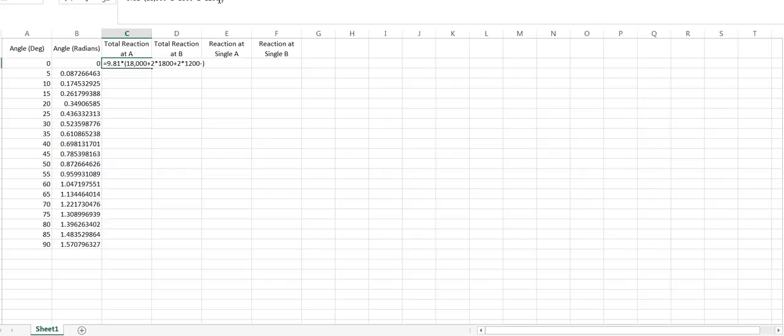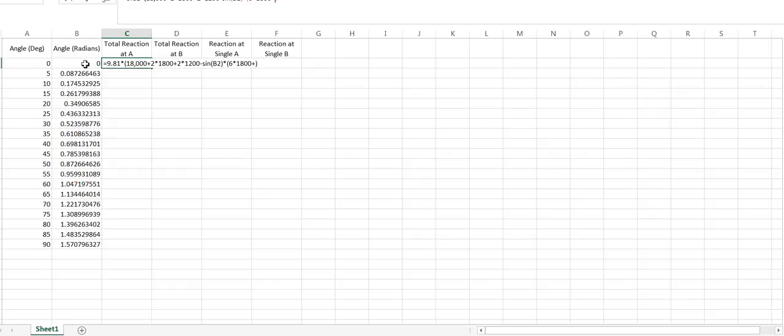And then I'm going to subtract out minus sine of theta. So I need a parenthesis. There's my theta in radians. I'm multiplying that by 6 times G2, and G2 again was 1,800 kilograms.